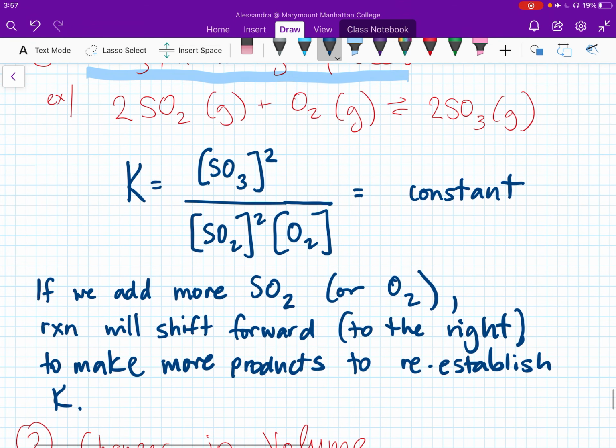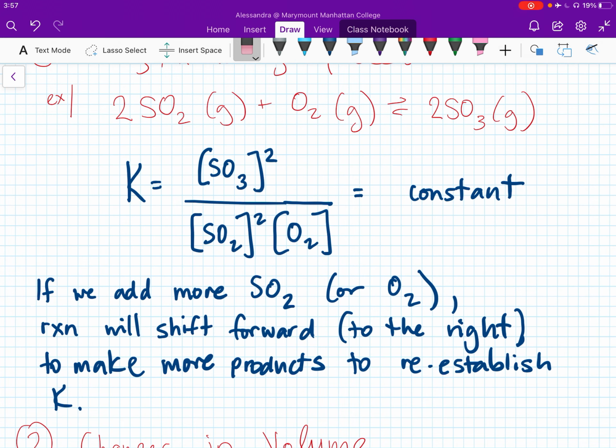Now, you would get the same effect if you remove sulfur trioxide. So let's say I remove some of the sulfur trioxide as it's made. Now the reaction desperately wants to maintain K, so it'll shift to the right to make more sulfur trioxide.